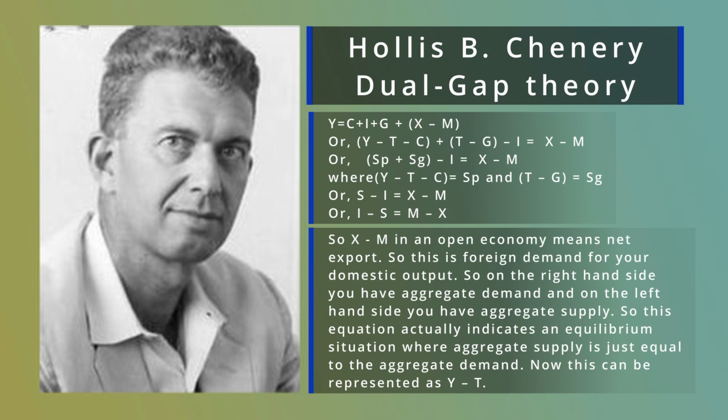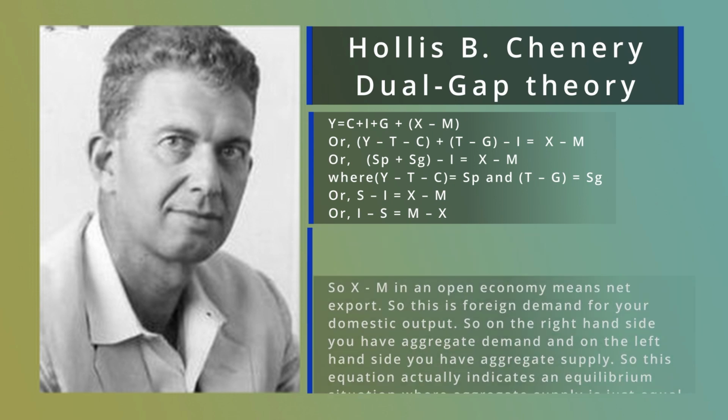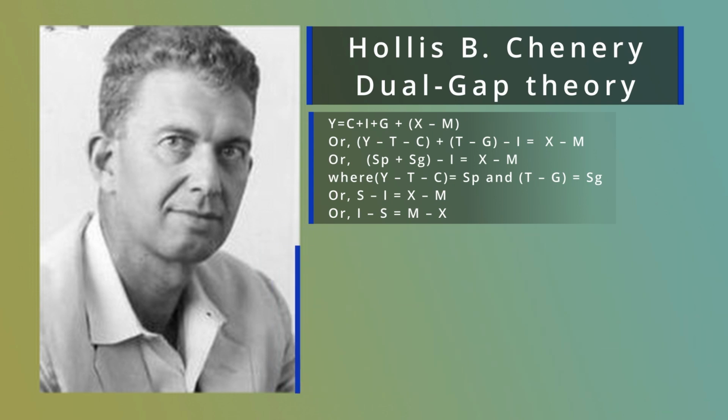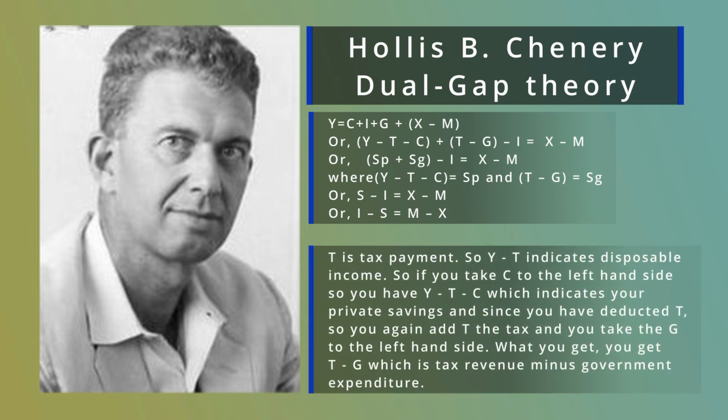Now this can be represented as Y minus T. What is T? T is tax payment. So Y minus T indicates disposable income. If you take C to the left-hand side, you have Y minus T minus C, which indicates your private savings, SP. And since you have deducted T, you again add T, the tax, and you take that G to the left-hand side.